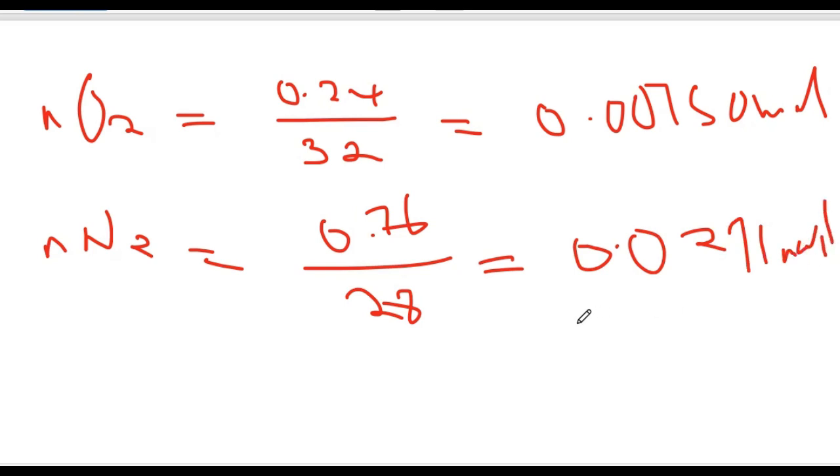After that, you can use a formula to determine the partial pressure of each gas. We can determine the partial pressure of one gas. Then to find the partial pressure of the other gas, we use that formula that I said: the total pressure is equal to the sum of the two partial pressures. So let's do that.